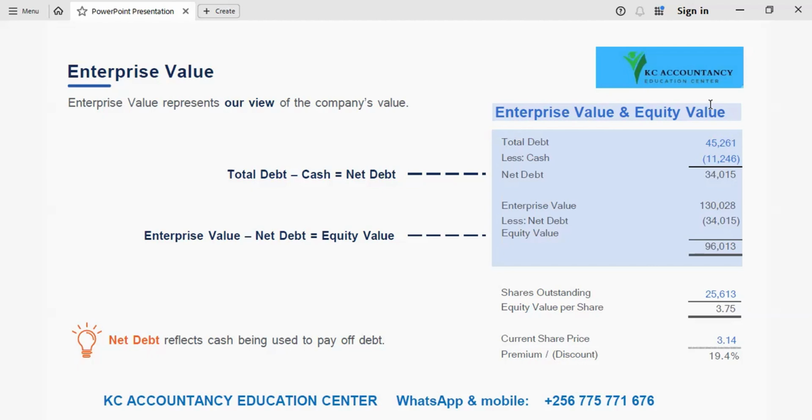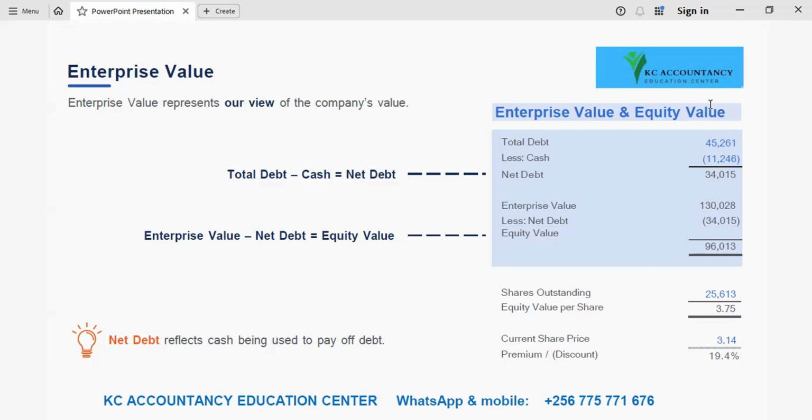So what we have done in the last exercise is we've calculated the enterprise value for the company.